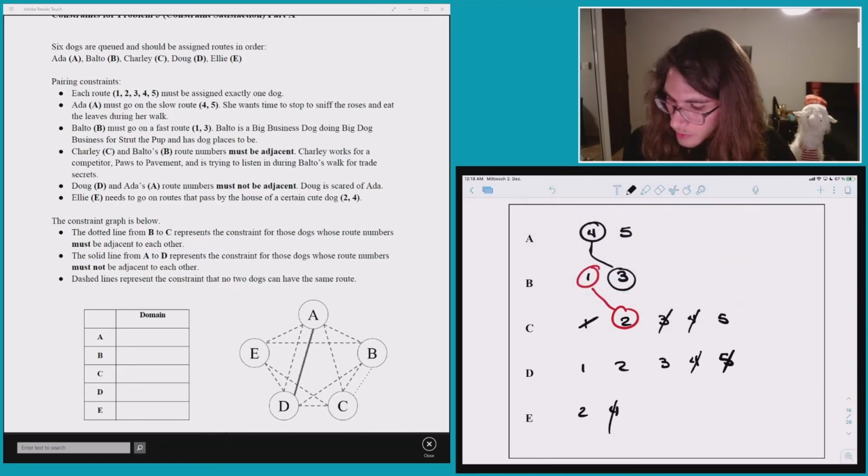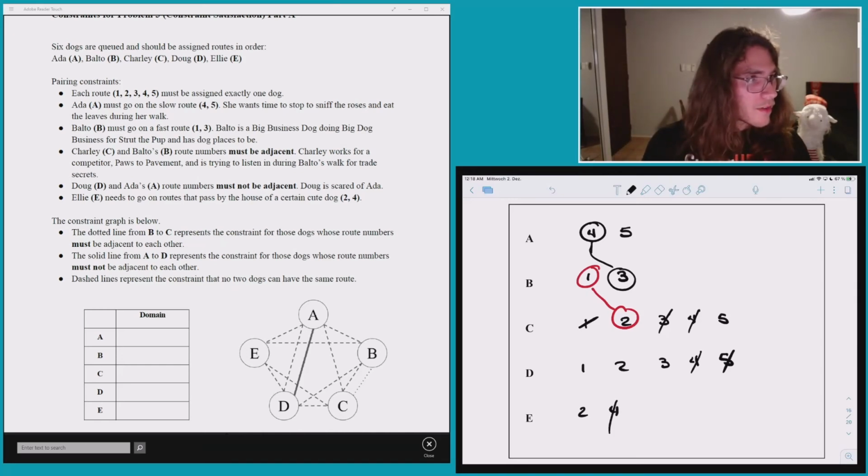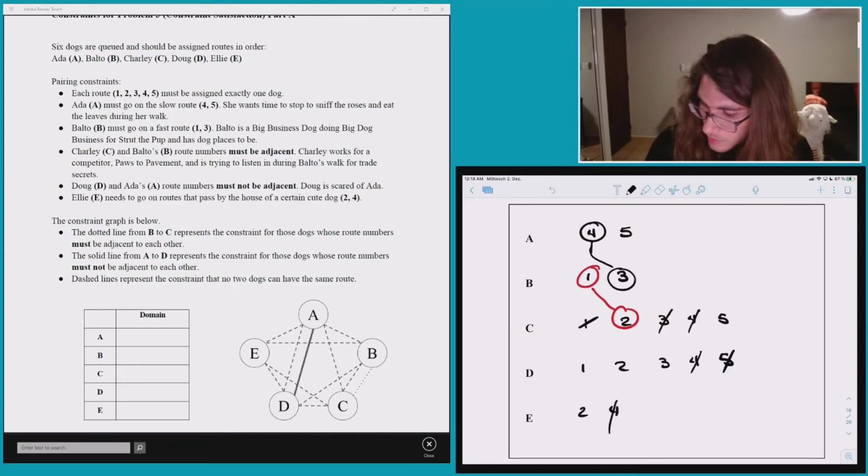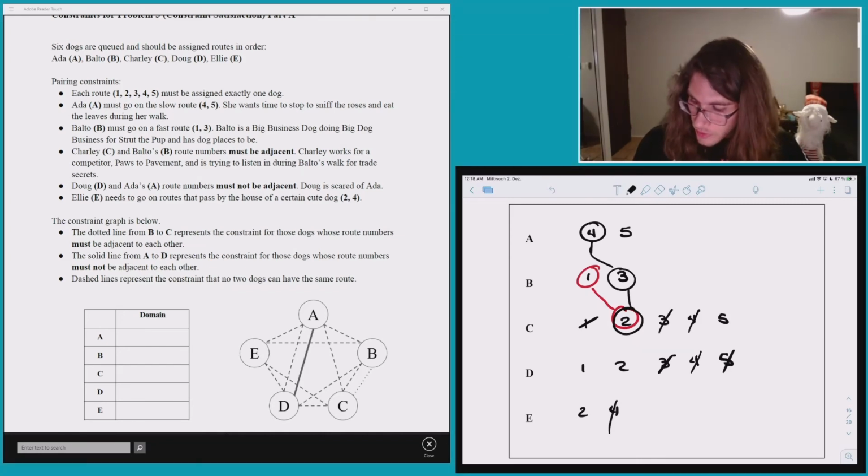Charlie can no longer be 1. And what else do I eliminate? No, I don't yet eliminate anything from Doug's domain except 3. And now I assign a 2 again to Charlie, which means Doug can't be 2, and Ellie can't be 2.